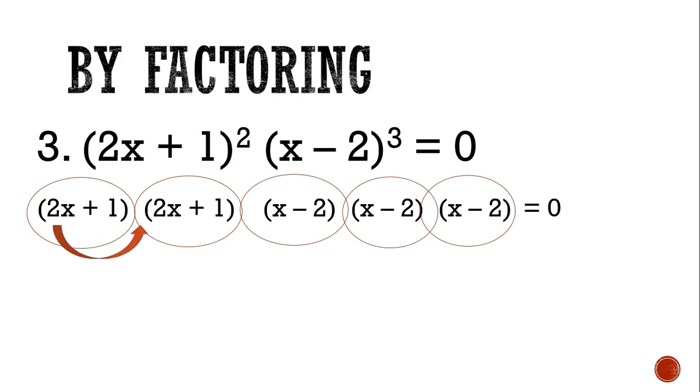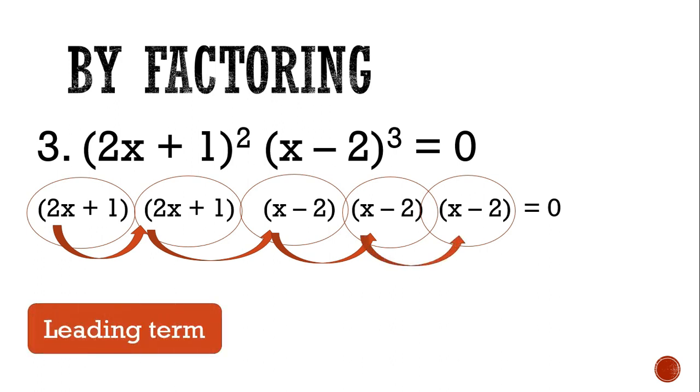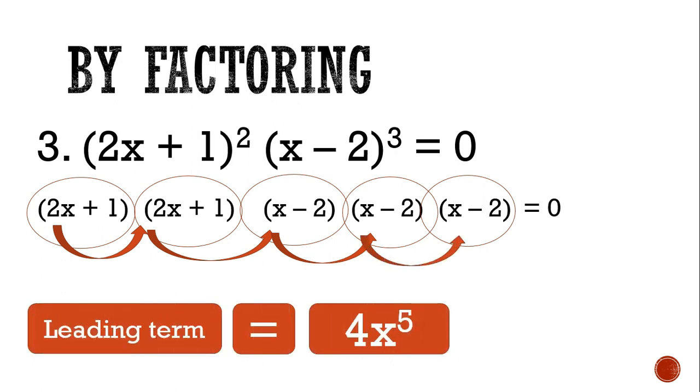That is 2x times 2x times x times x times x, and that is 4x raised to 5. So, now that we have the leading term 4x raised to 5, we can identify the degree of the polynomial equation, and the degree should be 5. As you can notice, the degree of this polynomial equation is the same as the number of roots.